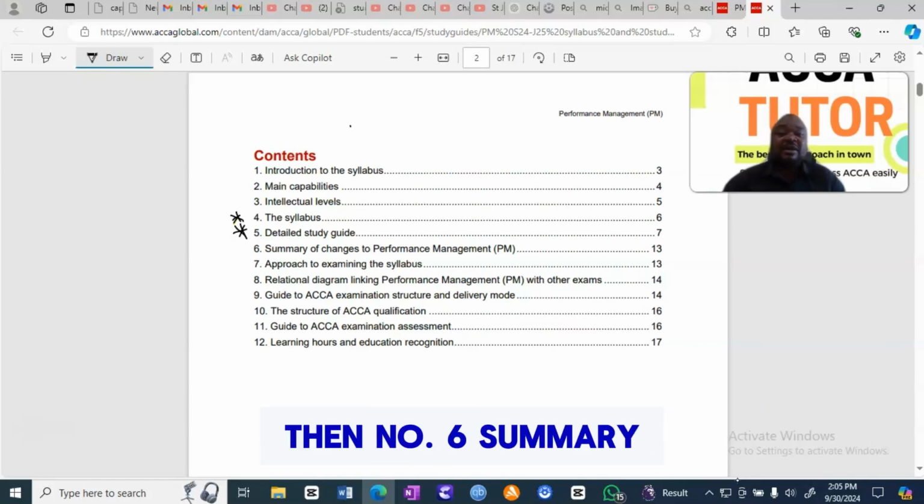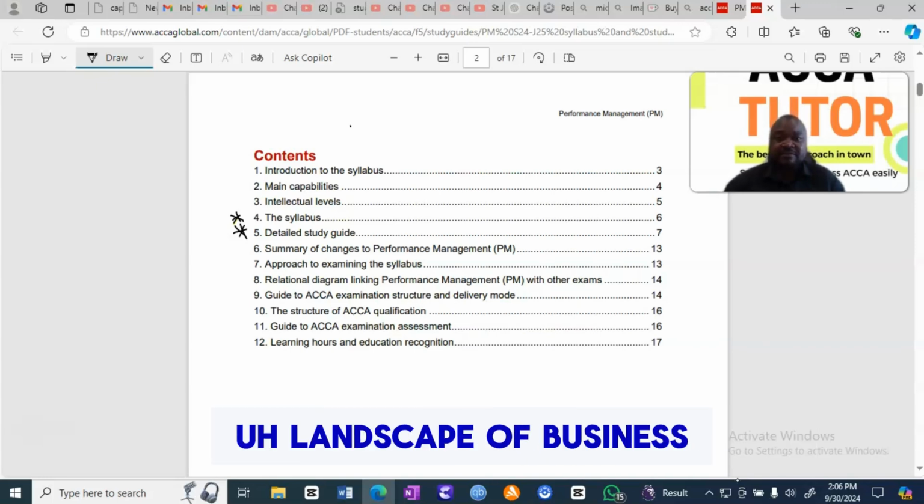Then number 6, summary of changes to performance management. Remember, these syllabi change every now and then in line with the demands of the industry and the changes in the dynamic landscape of business.